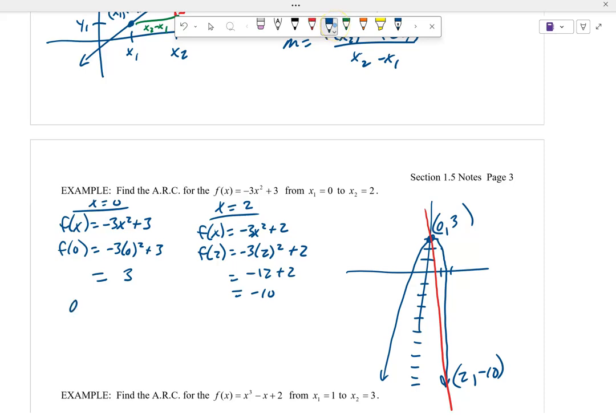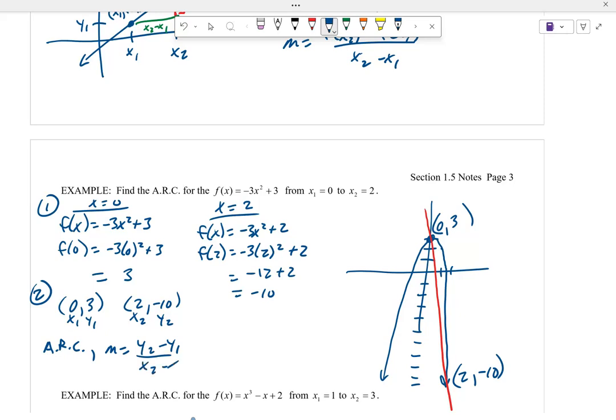So we have the point (0, 3). That's our first point. And we have the point (2, negative 9). That's our second point. So number 1 was to find the points. Number 2 is to list the points so that we can find the average rate of change, which is our slope. Our slope here is y2 minus y1 over x2 minus x1.